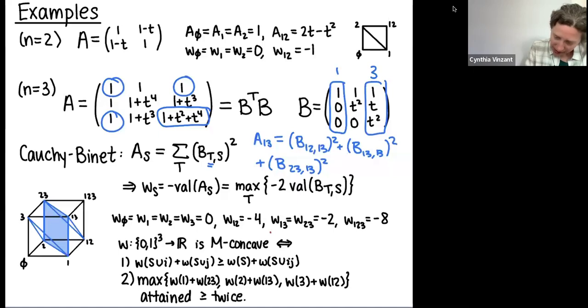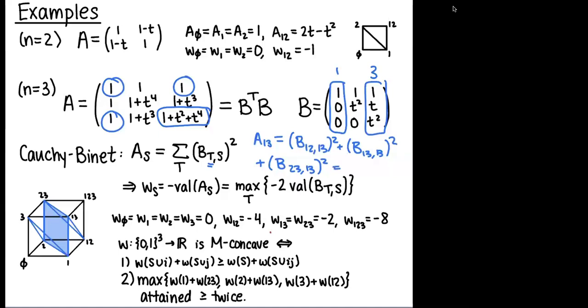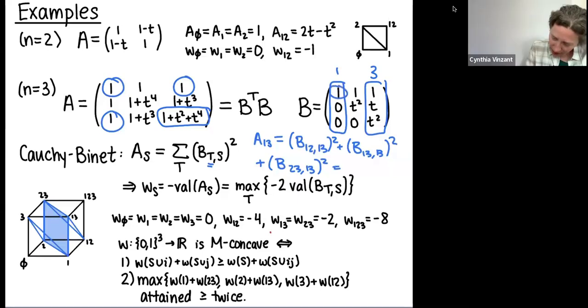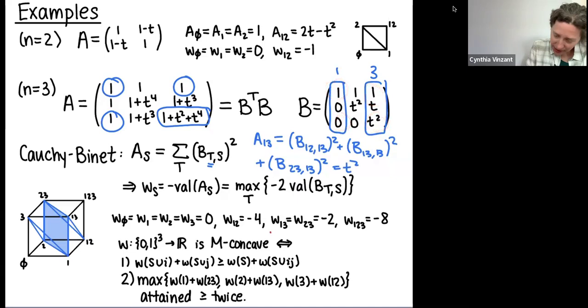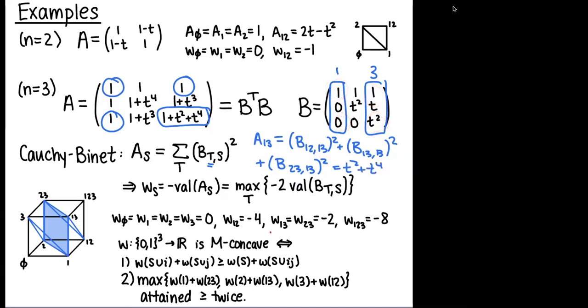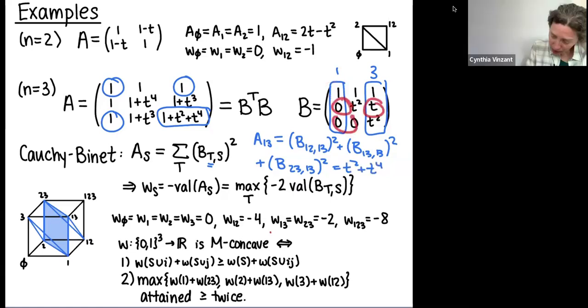Let's figure out what that is. So okay, t plus 1 squared. So here the 1-2 is t squared. Good. The 1-3 is t squared squared. And then the 2-3 is 0.